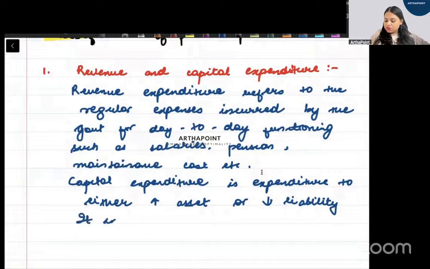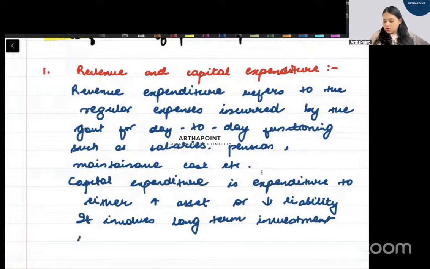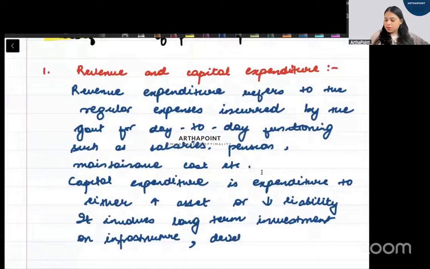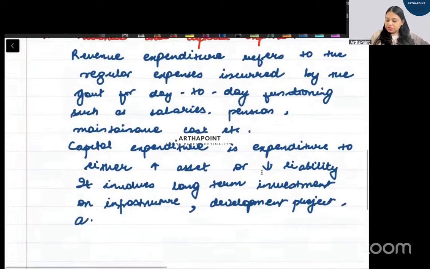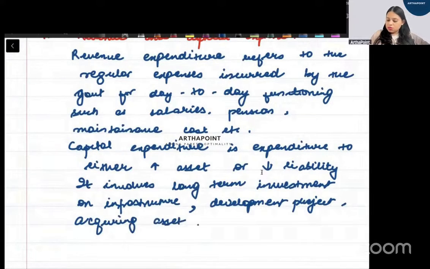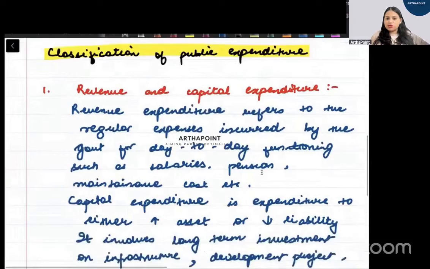It involves long-term investment on infrastructure, development projects, acquiring assets, etc. Right? That's the first classification.